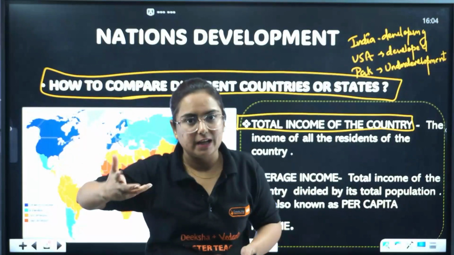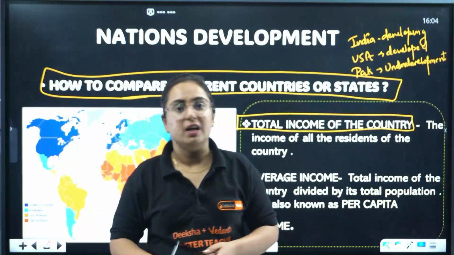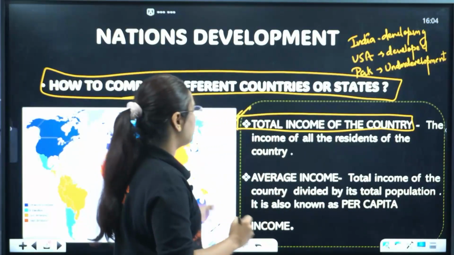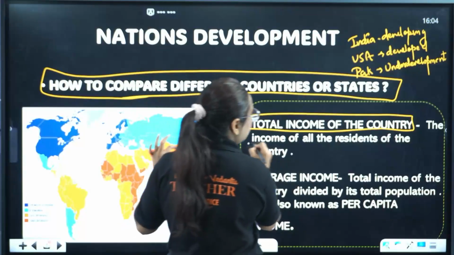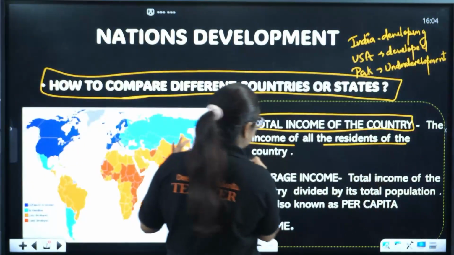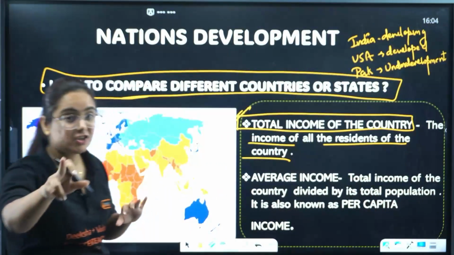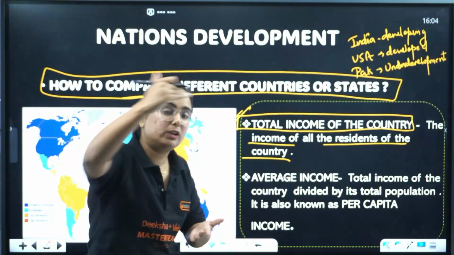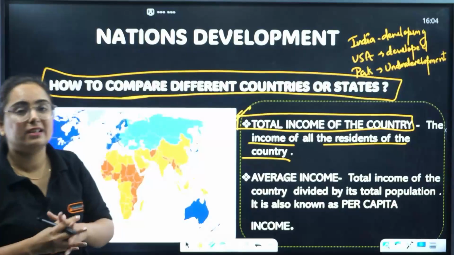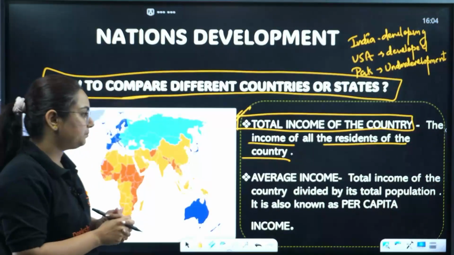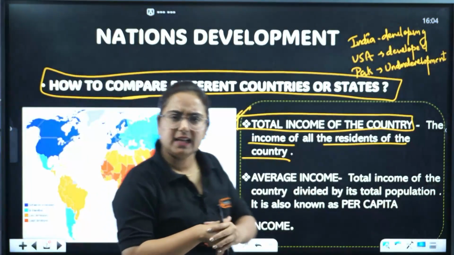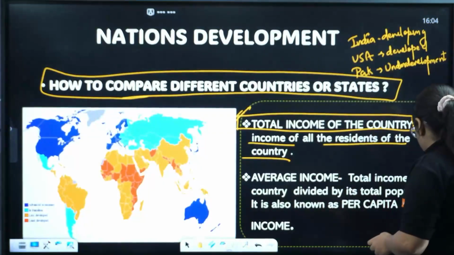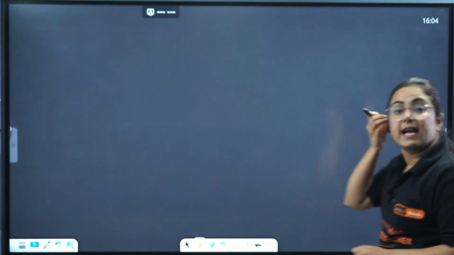So first we calculated the total income of the country. What does it mean? The income of all the residents of the country. We are calculating the income of all the citizens of the country, right? But do you think that's fair enough? If you don't think so, we will have a look at this example.